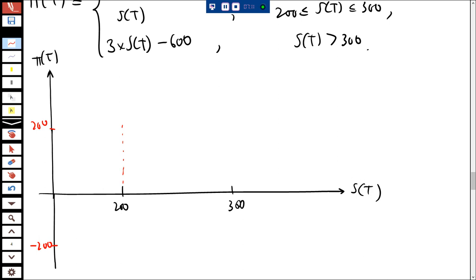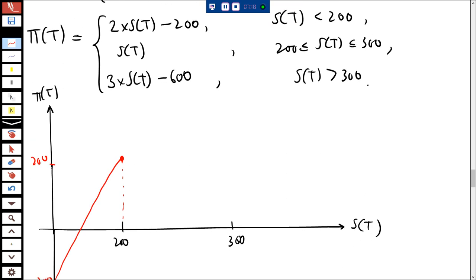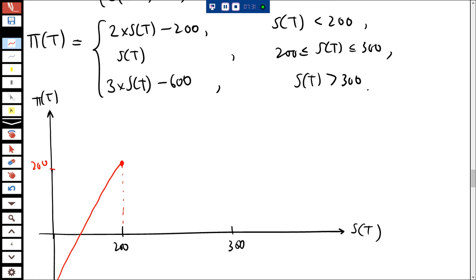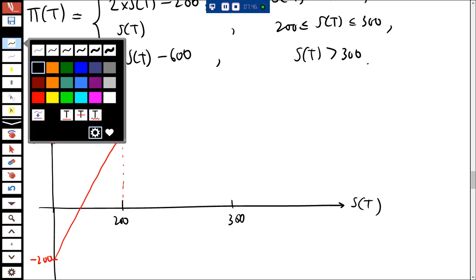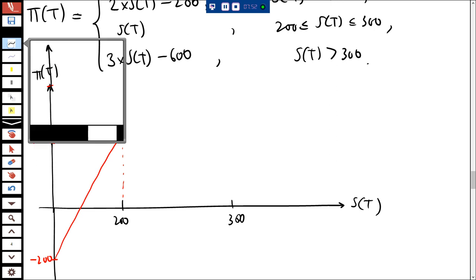So the first part of the graph looks like this. Yep. The second part of the graph is the share price, if the share price is between £2 and £3. So let's play with the scale a little. Let's just go to there.